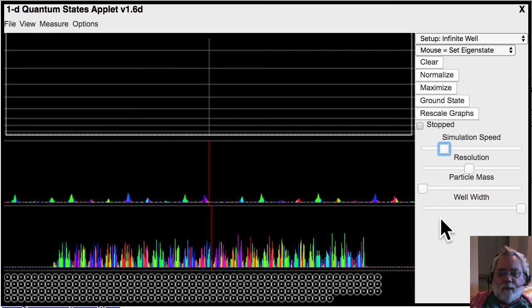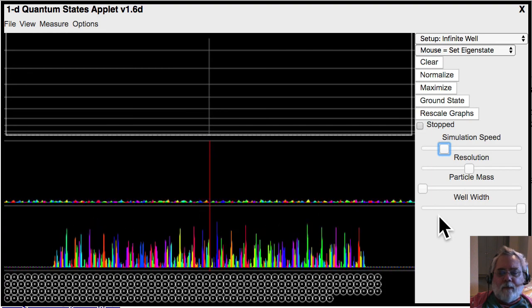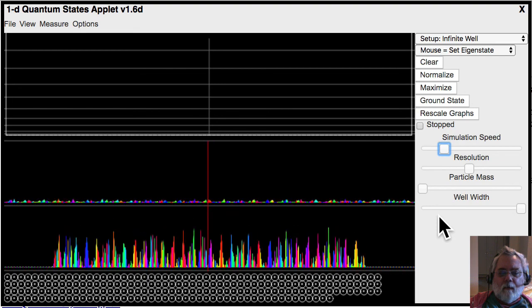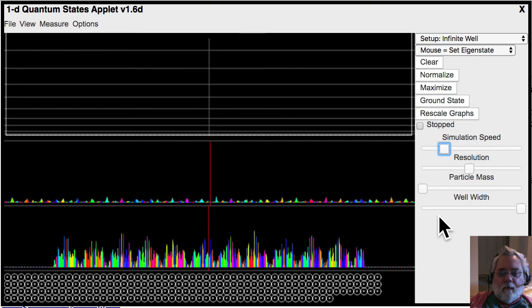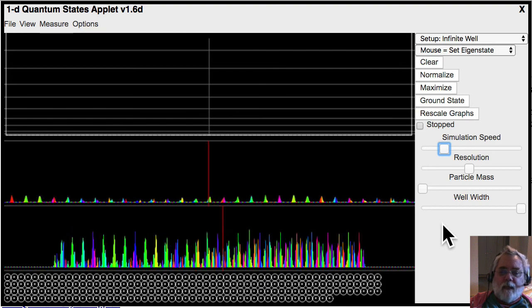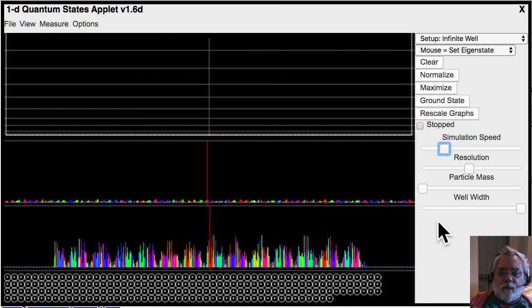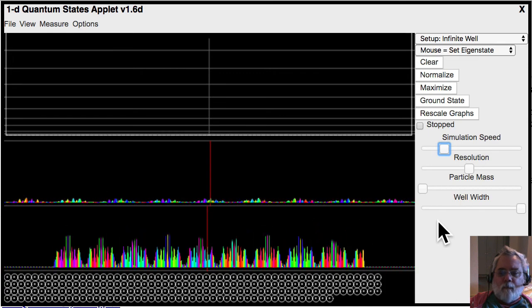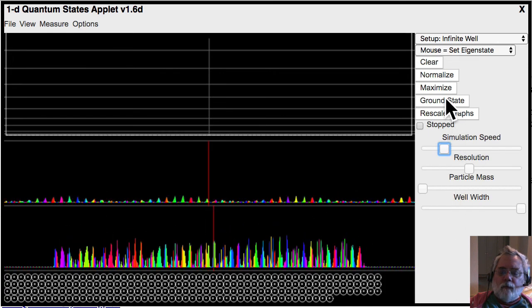It's a combination of all of the energy eigenstates. It's a superposition state, but boy, it's not a simple superposition state. Look at how complicated the system is now. Let's go back to ground state.